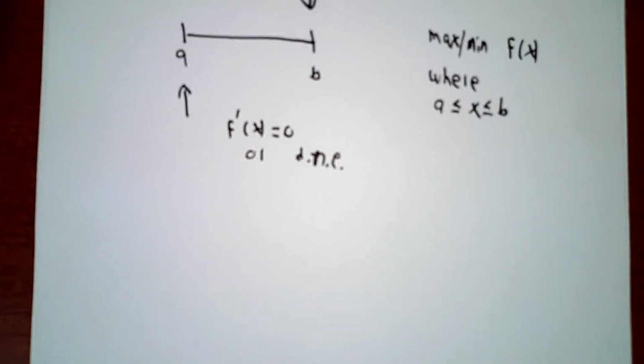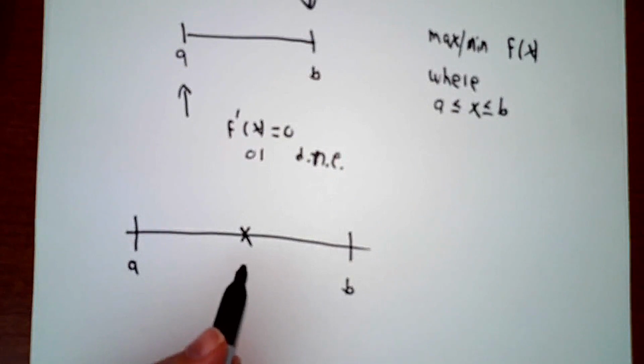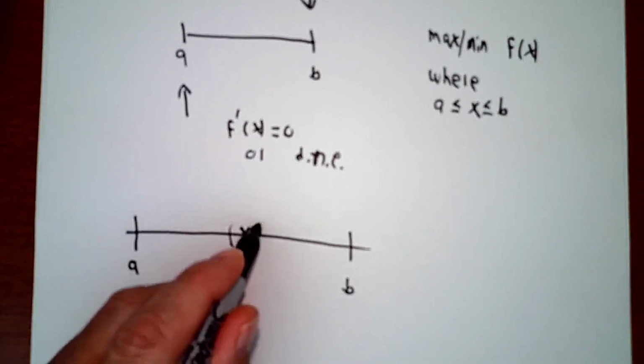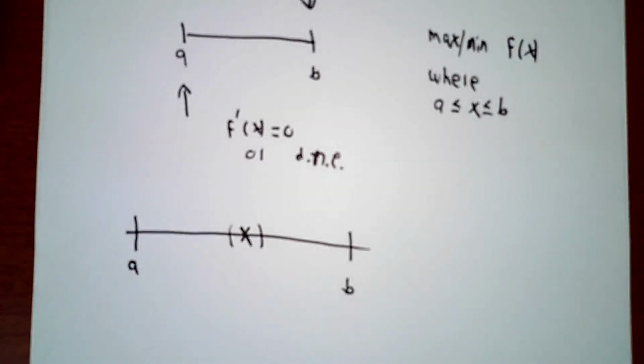The beginning and ends of this interval play a role that's different from f prime of x equals 0, or doesn't exist though. So I want to look at that in some detail. If I have a number that's strictly between a and b, then I can make a little interval centered at that number, which is completely contained within the interval from a to b.